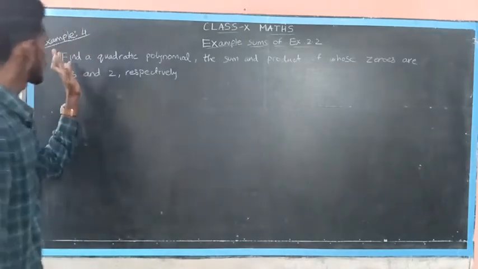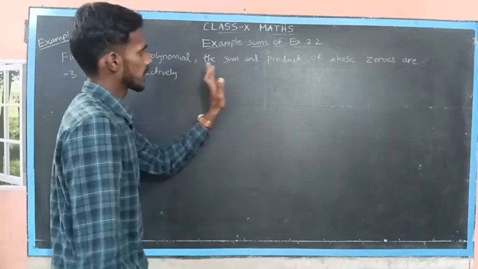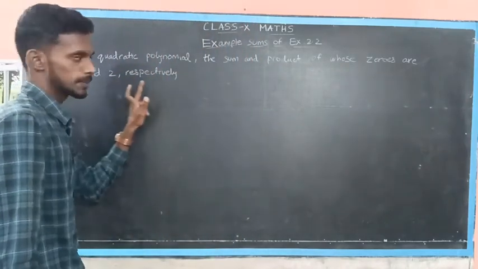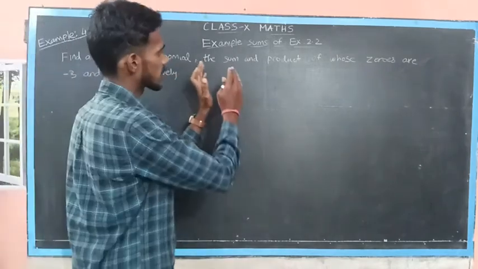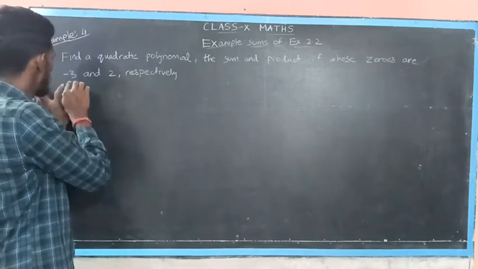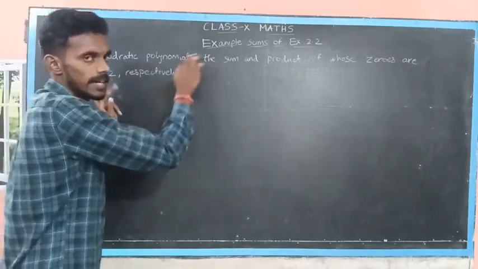Students, next the example number 4. Find a quadratic polynomial when the sum and product of whose zeros are minus 3 and 2 respectively. So, they have given the sum and product of the zeros of a quadratic polynomial, that is minus 3 and 2 respectively. They are asking to find the quadratic polynomial.